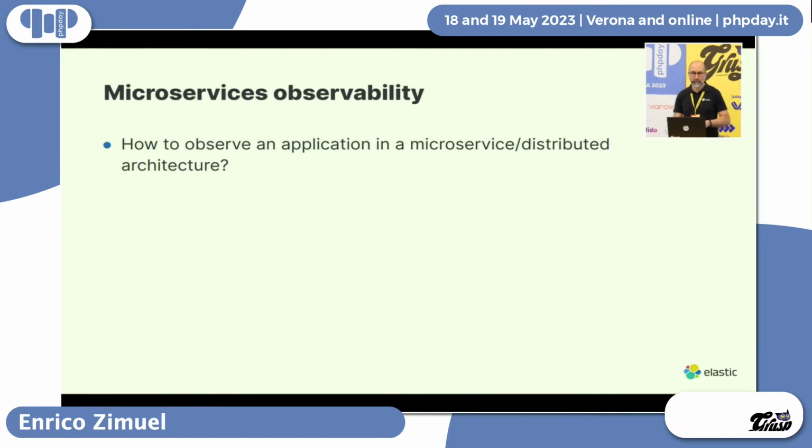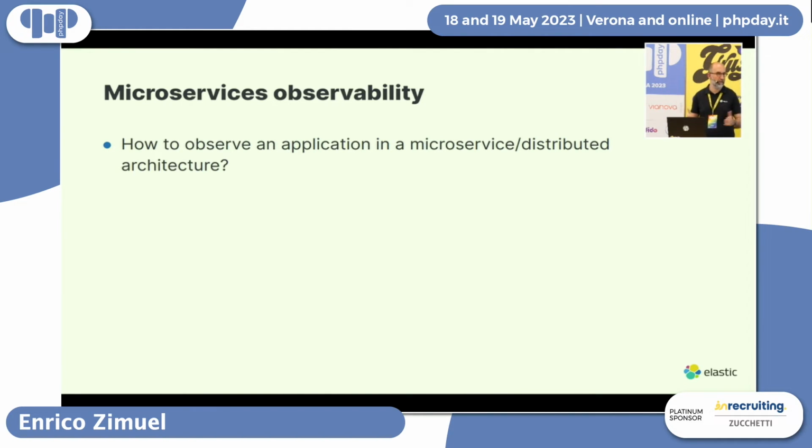Okay, but let's talk about microservices, or more in general, because I don't really like the word microservice, to be honest. I prefer distributed architecture. So how can we observe a distributed application? That's not a simple question to answer, because what does distributed architecture mean? It means that there are multiple applications, multiple services running in completely separate environments, right?